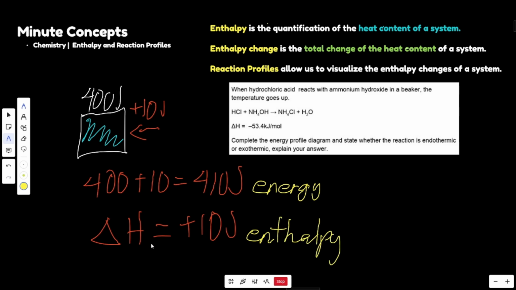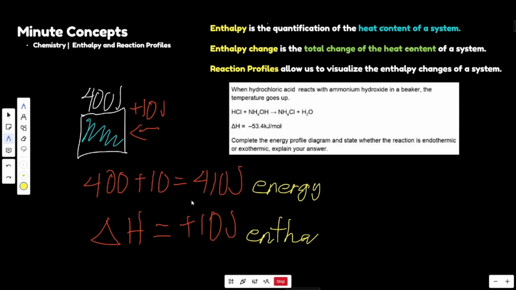It's quite easy to remember when you remember that delta means change, and you can just have H be heat. So the change in heat. The system originally had 400 joules of energy, and the heat, or the energy, was changed by 10 joules. So our enthalpy is 10 joules.